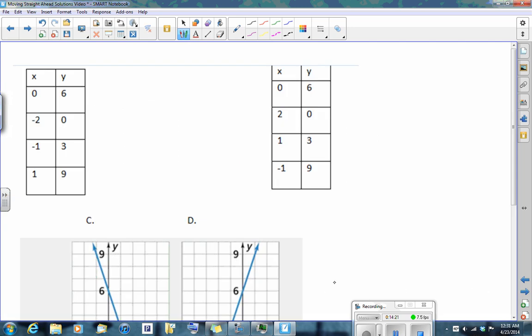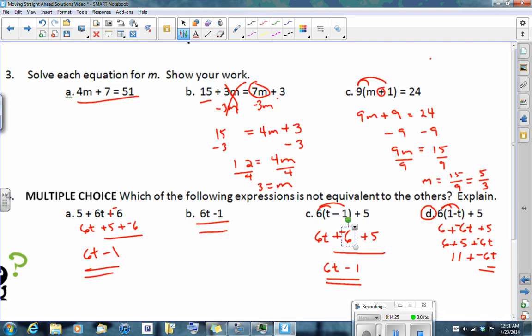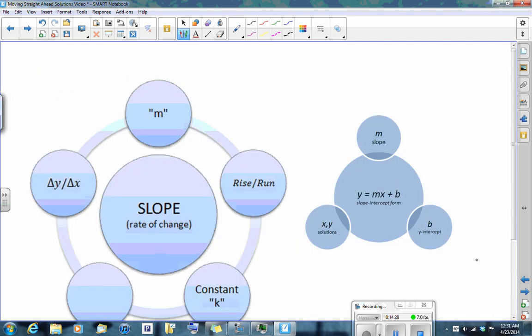Now we jump back to slope again. Go back here for a second. Okay, so we looked at slope in terms of m. We looked at it in terms of rise over run when we were looking at a graph. And now we're going to look at it in terms of change in y over change in x, again with the table.